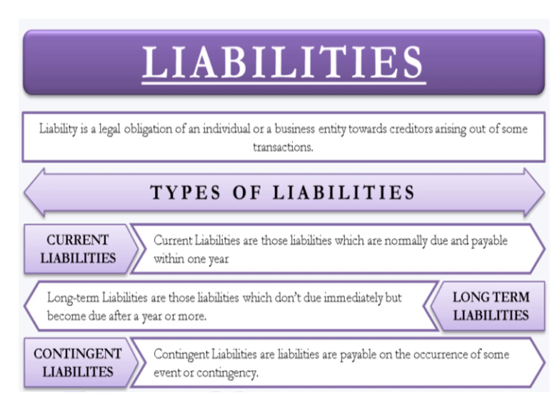The third type of liability is contingent liabilities. These are liabilities that are payable on the occurrence of some event or contingency. In the future, we don't know what will happen. Some unexpected liability may arise. That is the contingent liability. We make a provision for that.